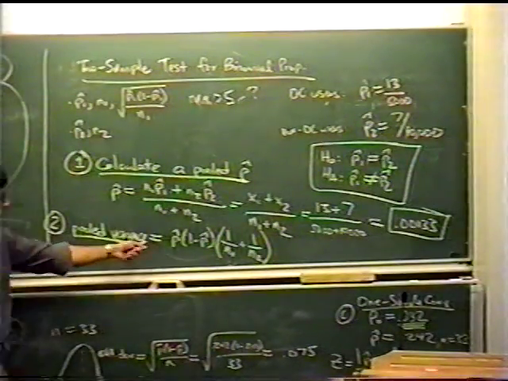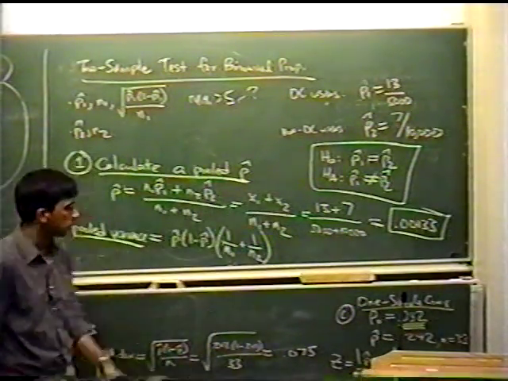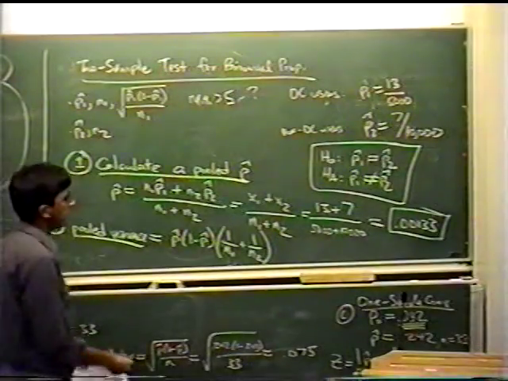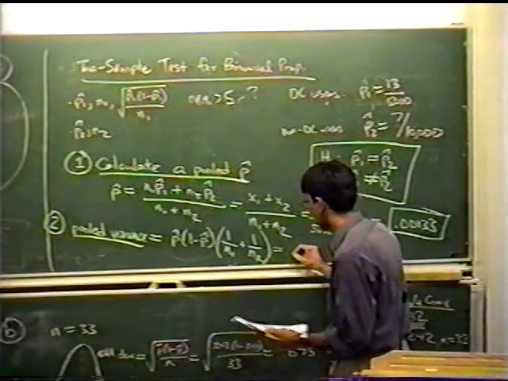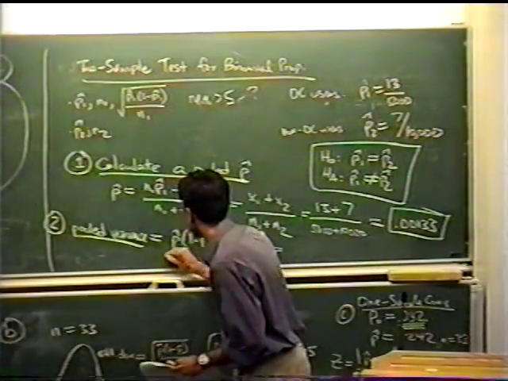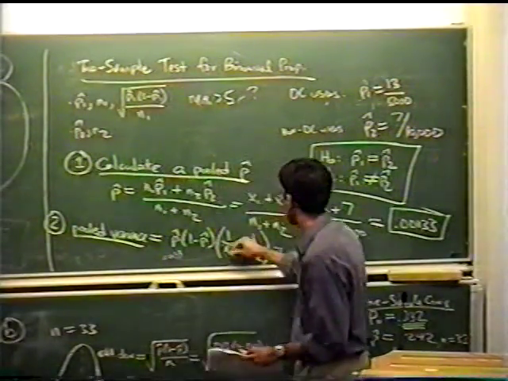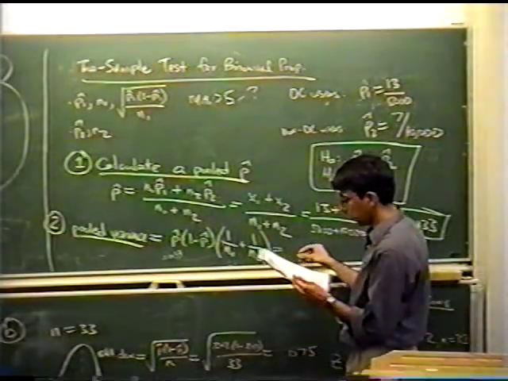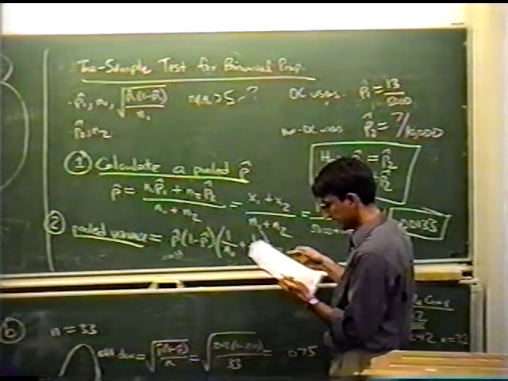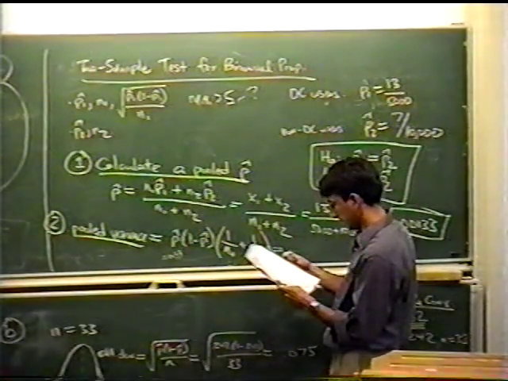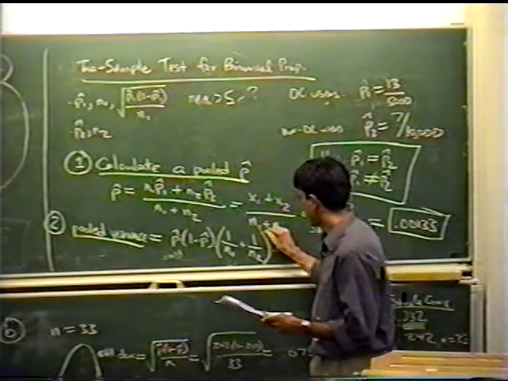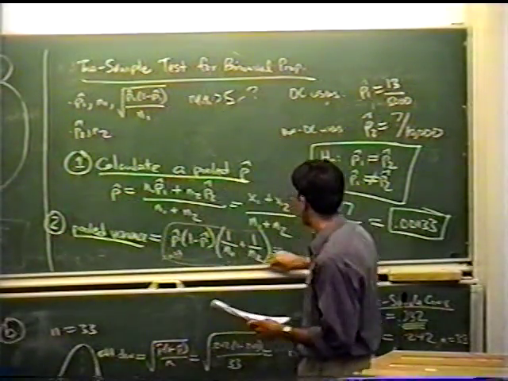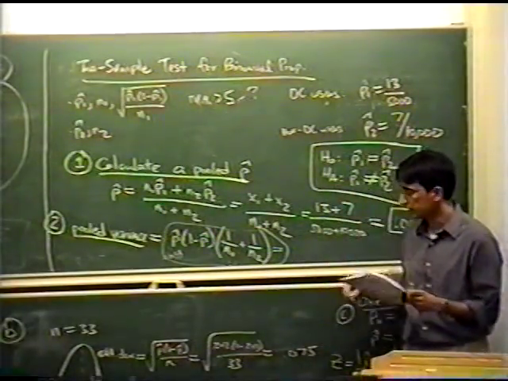So we calculated p hat already from part A. That's just 0.00133. So when we do out this algebra, just plugging in 0.00133 for p hat and n1 and n2, what we get is, I didn't calculate it out, but for some reason I don't have that number. But you guys can just plug in the numbers.